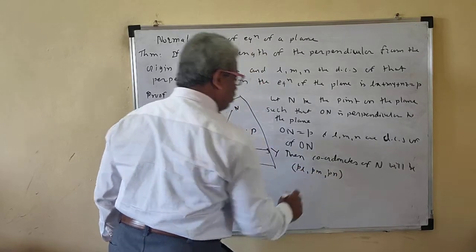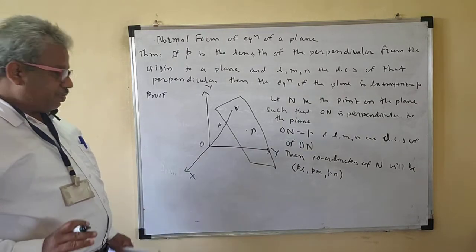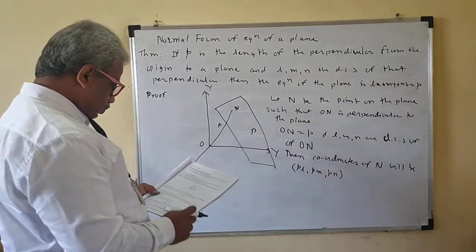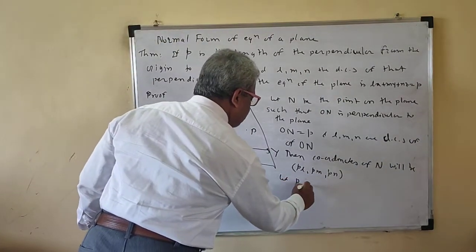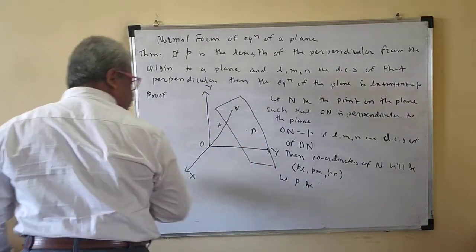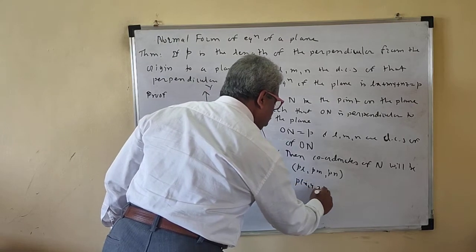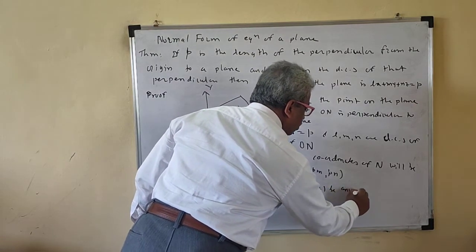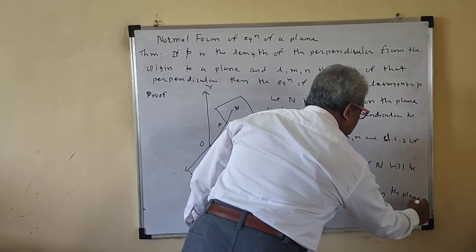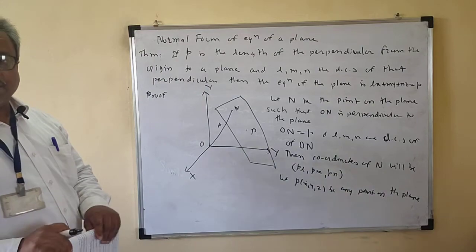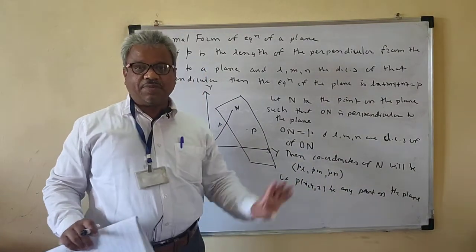So pl, pm, pn are the coordinates of N. Let P(x, y, z) be any point on the plane. We want to find the equation of the plane, so we have to find a relation among x, y, z.